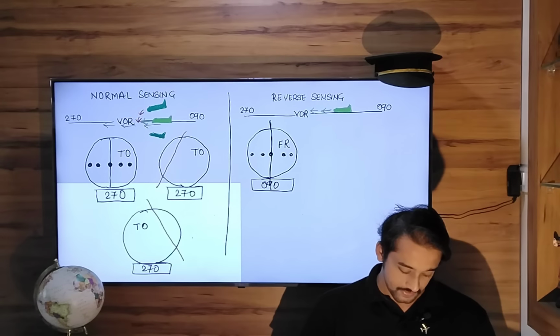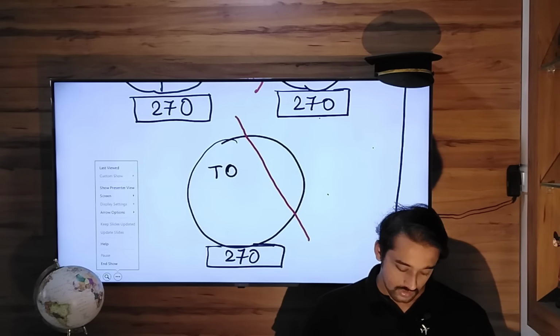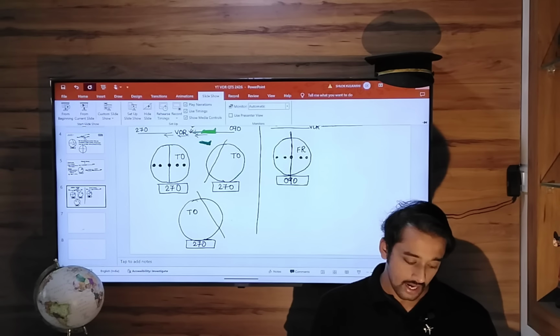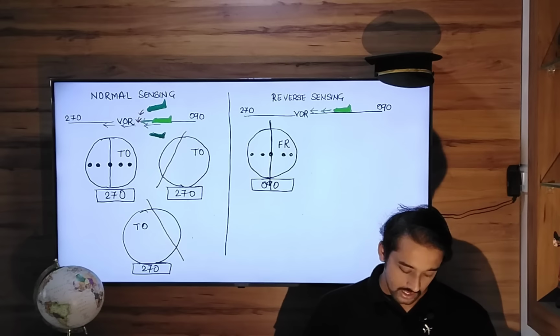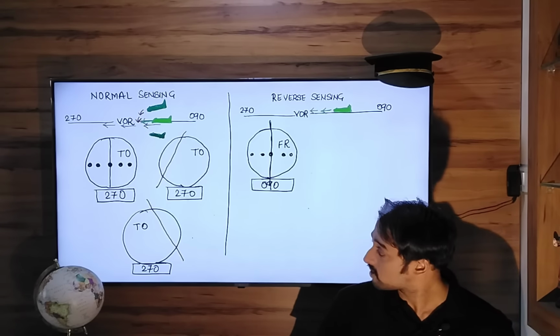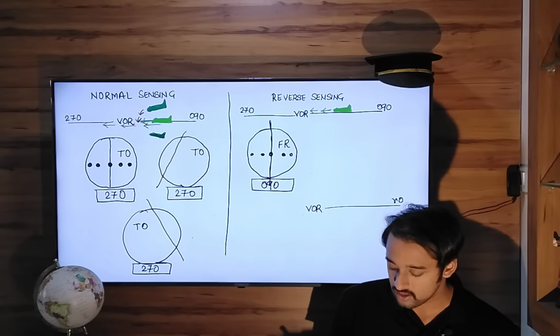In this case, let's say you have drifted to the right hand side. This is your VOR, radial 090.